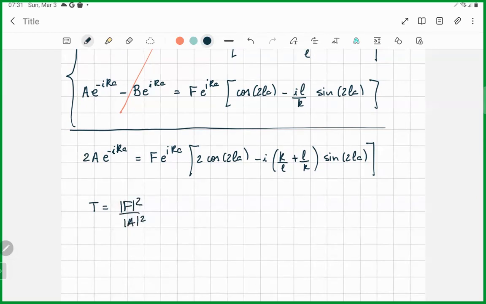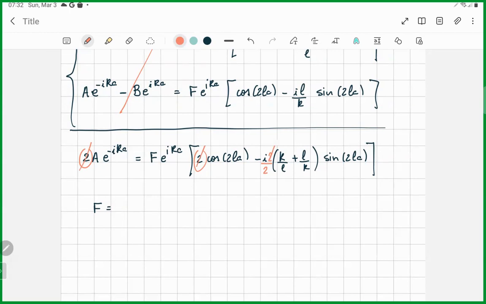So I'm going to isolate F, and F then is equal to... Let's see if we can simplify some things here, because I see that there is a number 2 here, a number 2 here, and in the last one we don't, but we can divide it by 2. So I'm going to multiply and divide by 2, and then you see that I can get rid of these 2.